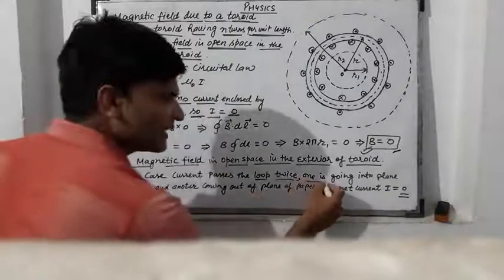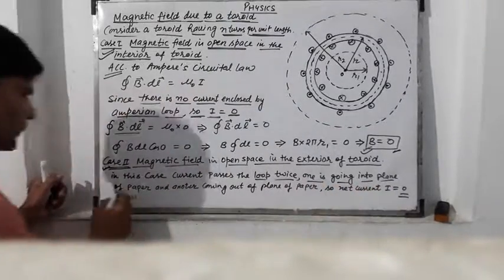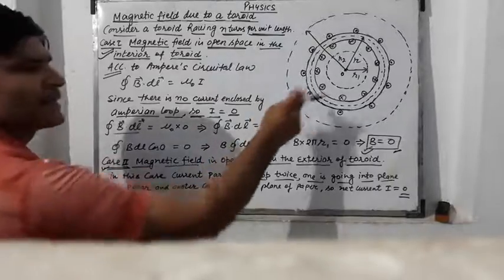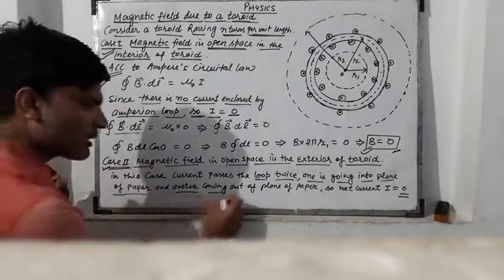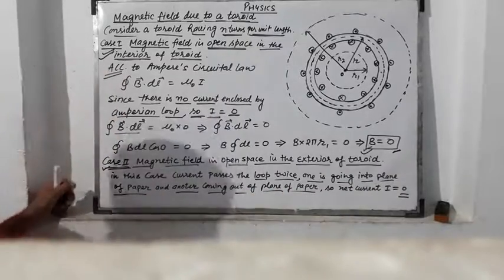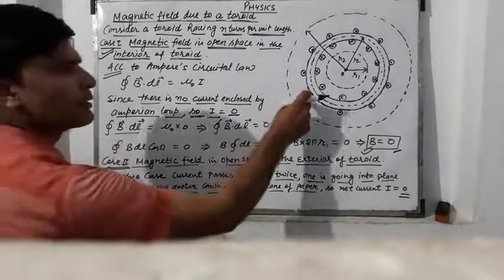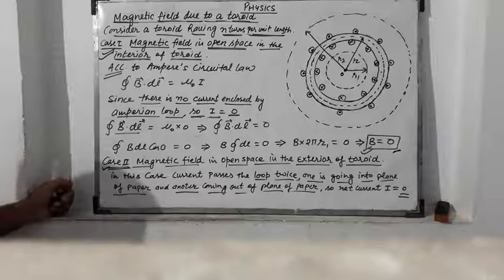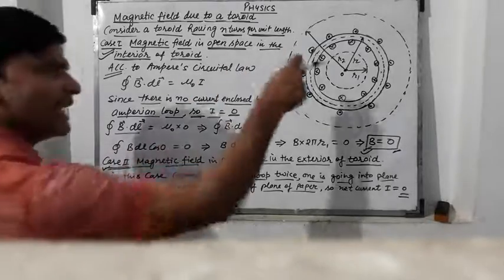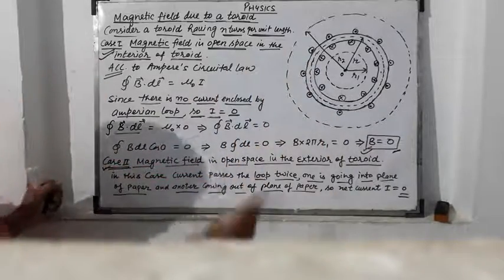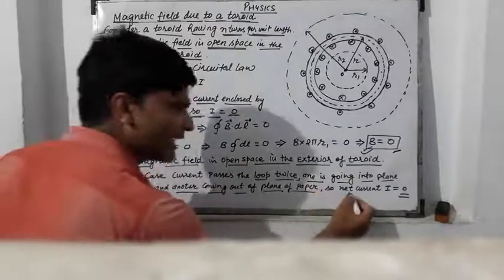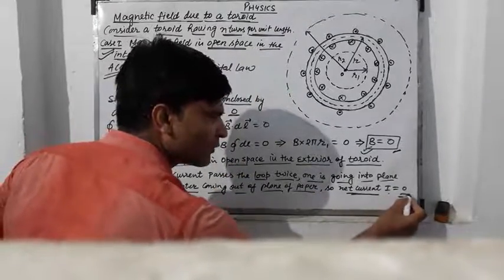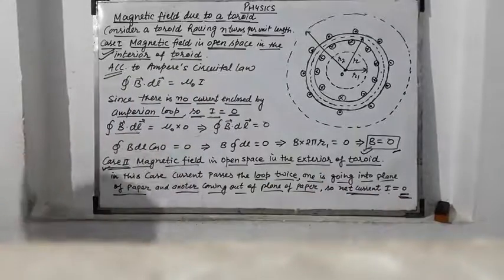One is going into the plane of the paper, which we represent by a cross. Another is coming out of the plane of the paper, represented by a dot. So the current entering the loop is equal to the current leaving the loop, and the net current is equal to 0.